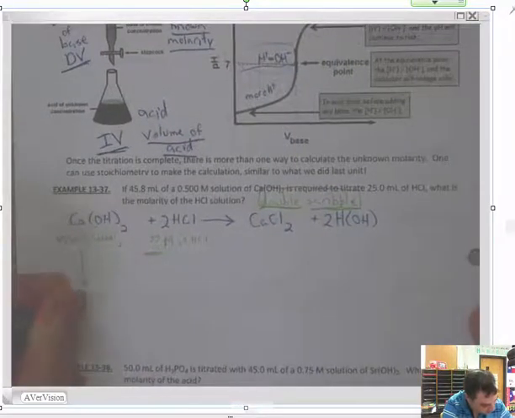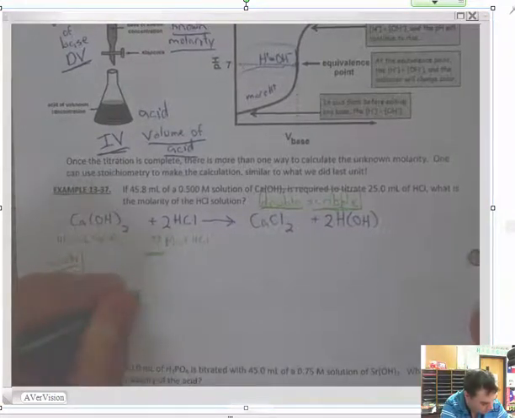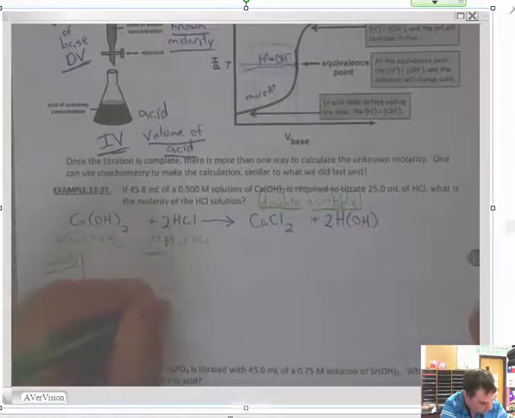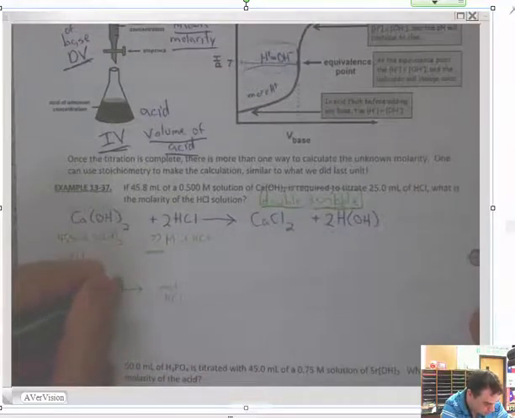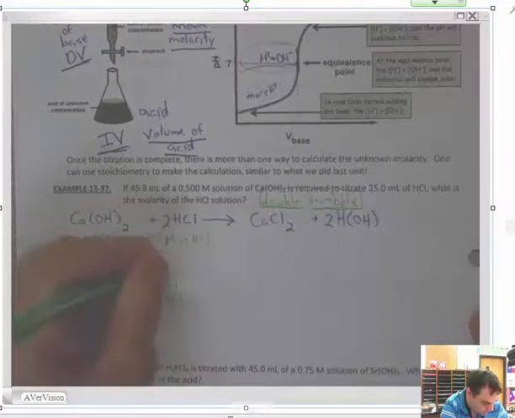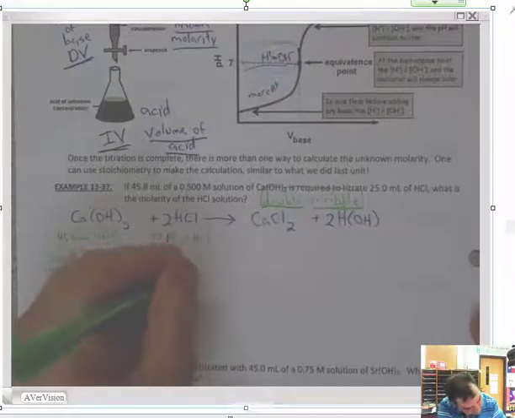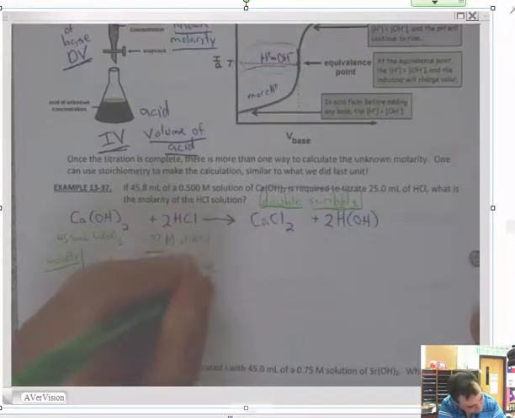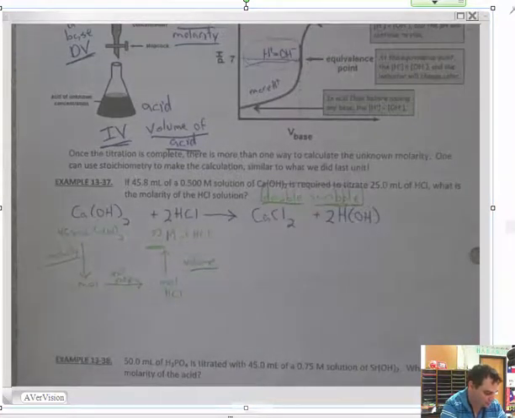You're going to go down to moles by using molarity. You're going to go over to moles of HCl by doing the mole ratio. And then we're going to go up to molarity by using the volume. Okay. So this should be a 3-step problem.